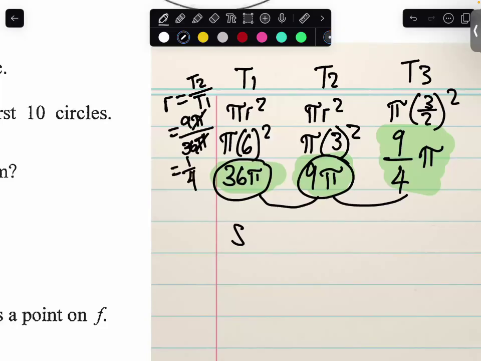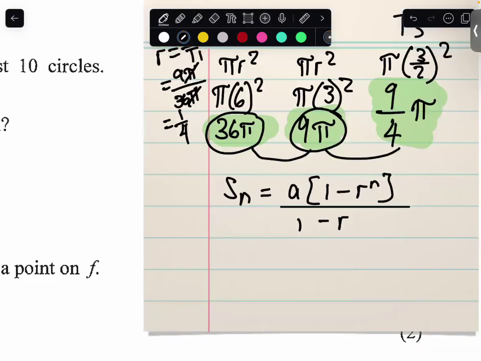So I have my common ratio, but Sn for a geometric sequence is a into 1 minus r to the n all over 1 minus r. Right? So they want the sum of the first 10 terms, this is S10, which is equal to a, which is 36 pi, into 1 minus r, which we just figured out is a quarter.